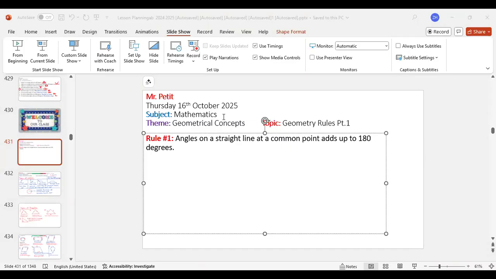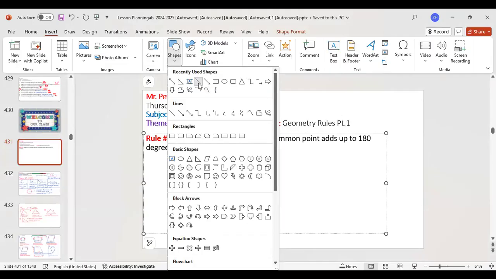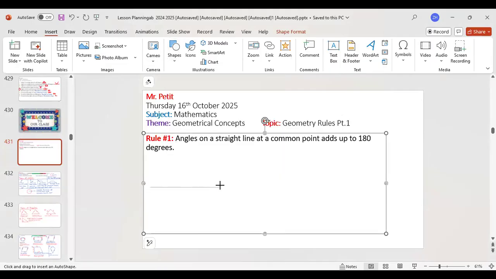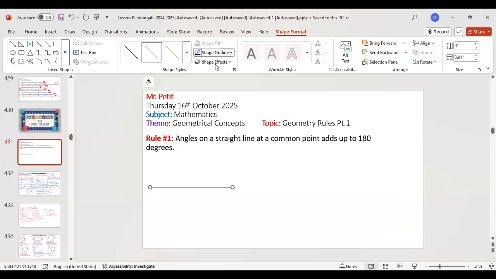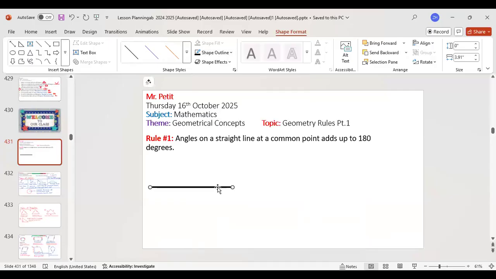So in general, let's say we have this particular question. Say we have this particular shape. This is clearly a straight line, right? So let's say that we have this particular line here and then this one here.